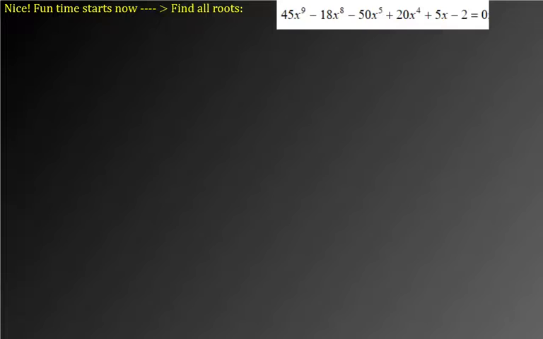All right, so one more, just find all the roots problem. And this is about as big as they're going to get. I don't plan to do many that are bigger than this, and I just thought it'd be good to show you one that kind of is large.